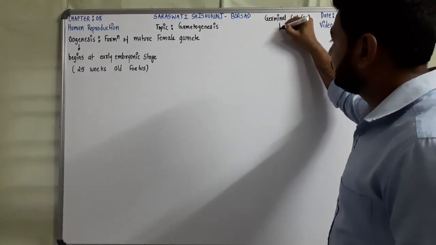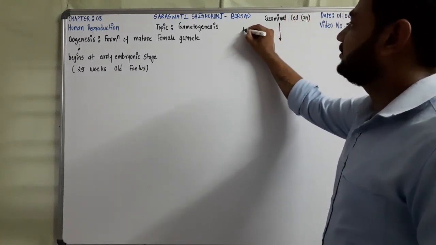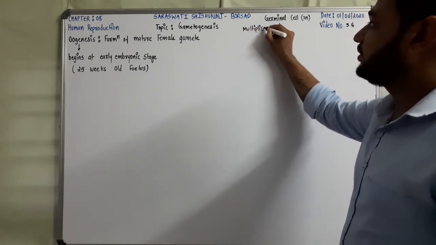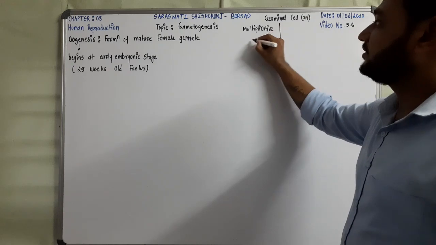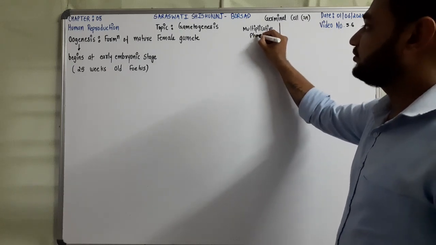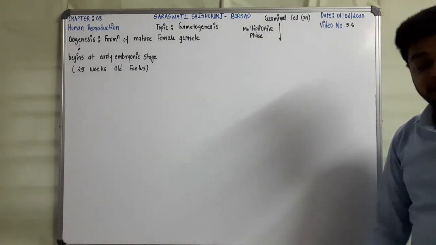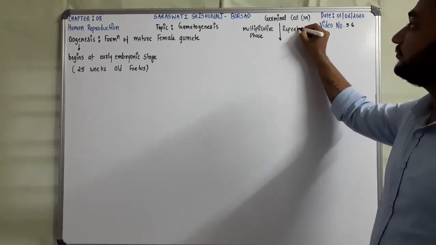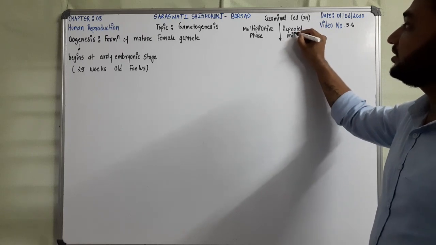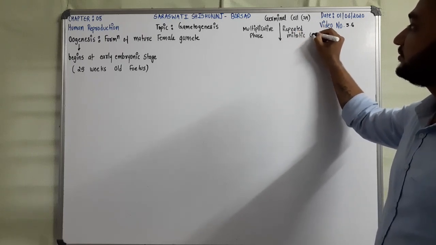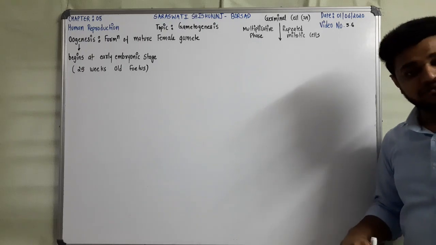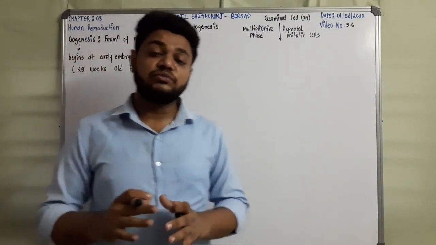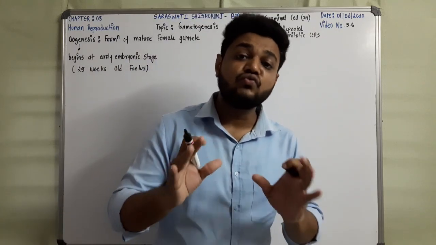This undergoes repeated mitotic division, and this phase is referred to as the multiplicative phase or multiplication phase. If I say repeated mitotic division, that means gamete mother cells are going to be formed, and these are referred to as oogonia.